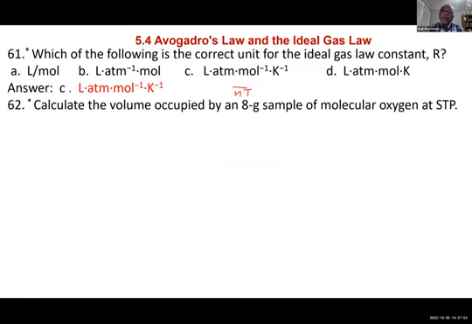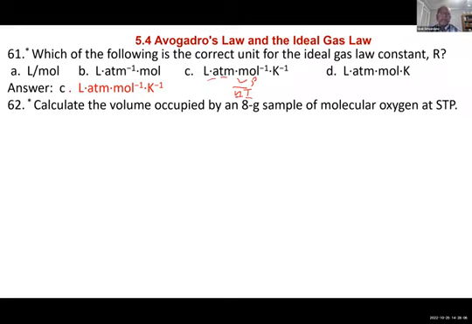It's really PV divided by nT. That means liter atm divided by mole, where n is moles and T is Kelvin. So therefore, those are the units of the ideal gas constant. The value of our ideal gas constant is 0.0821.